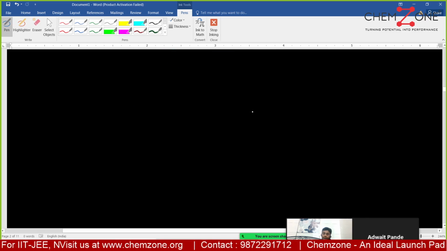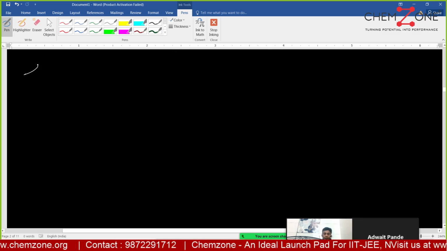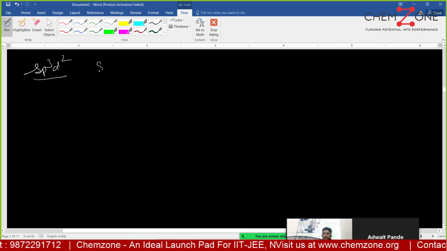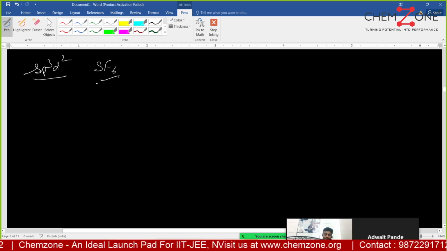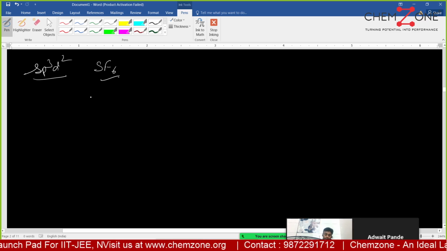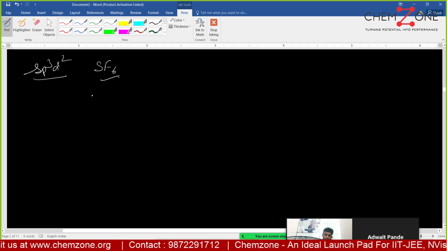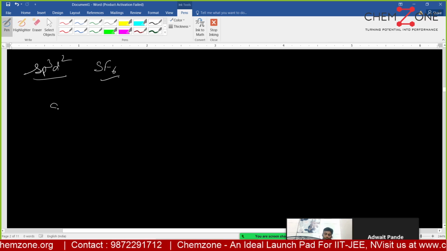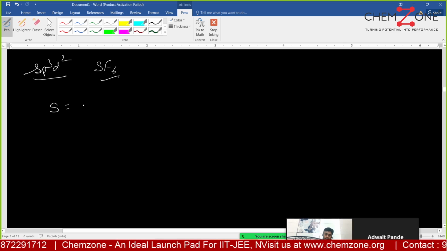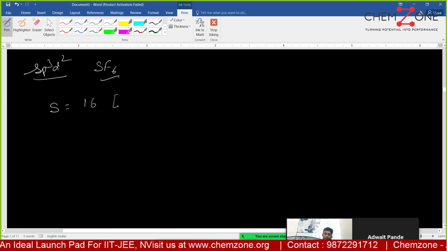So in case of PCl5, it is the sp3d hybridization. Now talking about the next one, sp3d2 hybridization in case of SF6. Sulfur, atomic number 16, right?